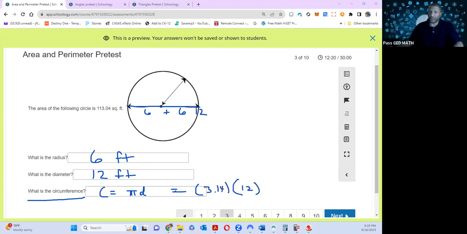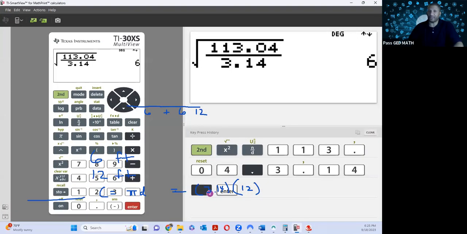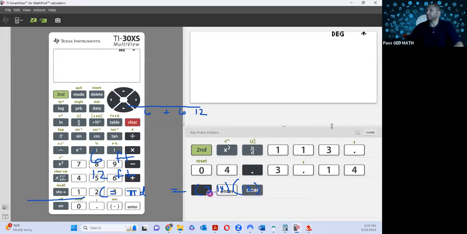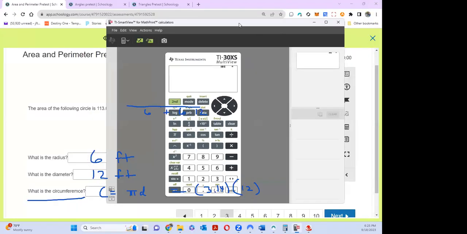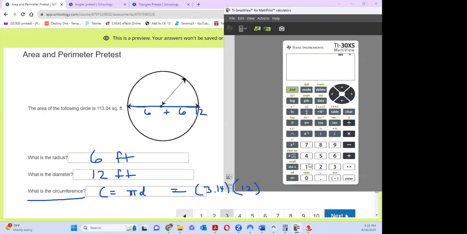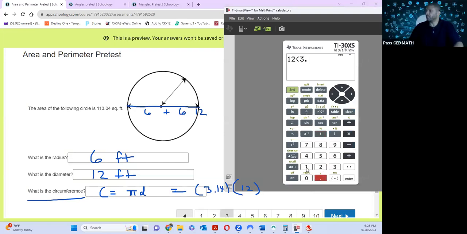So we throw that in our calculator so we won't make any mistakes. 12 times 3.14 is 37.68.